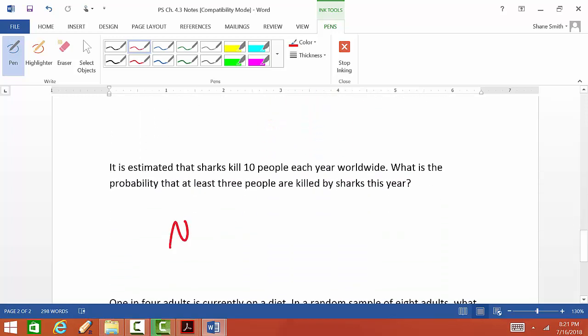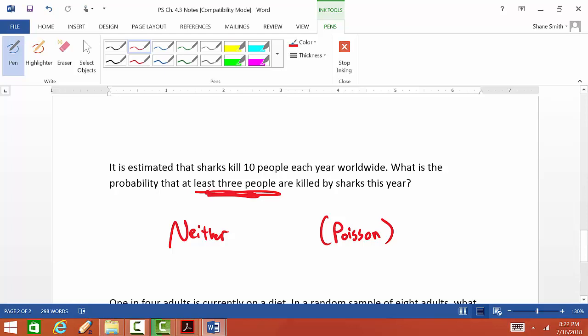This one is a neither, and this one's actually called a Poisson, which is fish in French, I'm told. But yeah, you don't have to know that. Notice how it's not talking about the first success. Some people say binomial on this one because you're trying to find out how many people get killed by sharks.